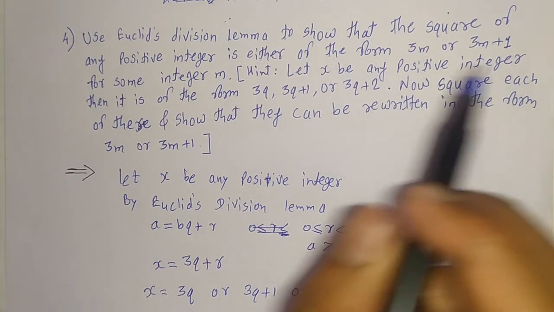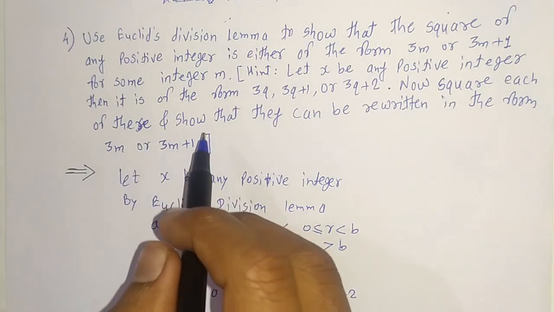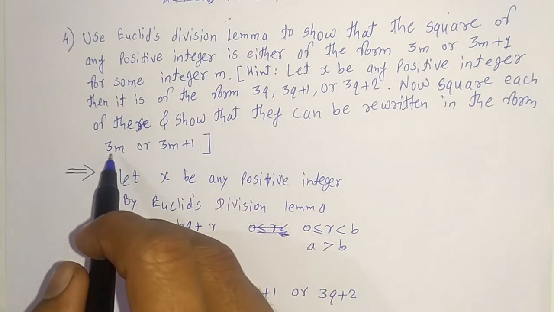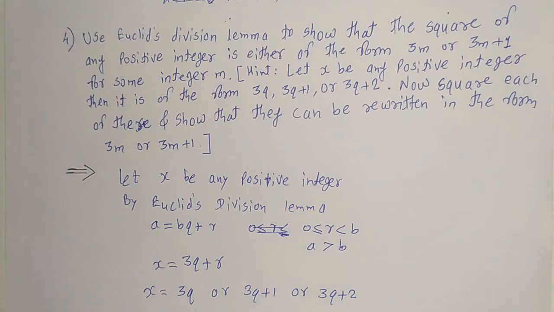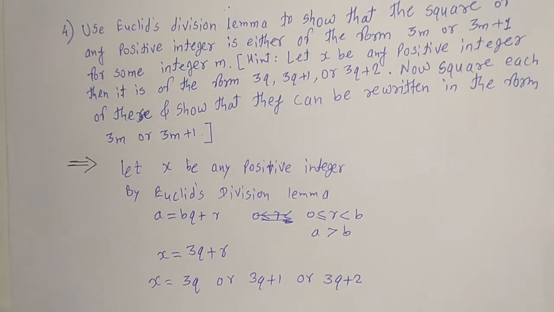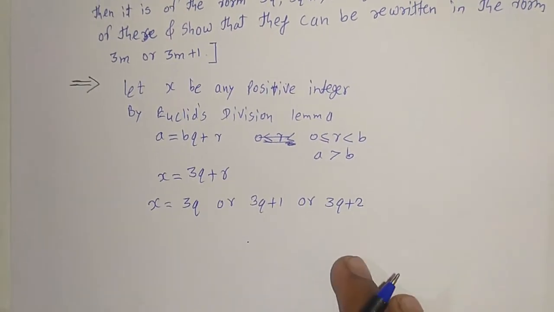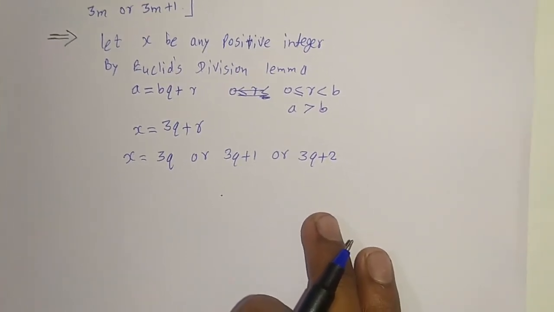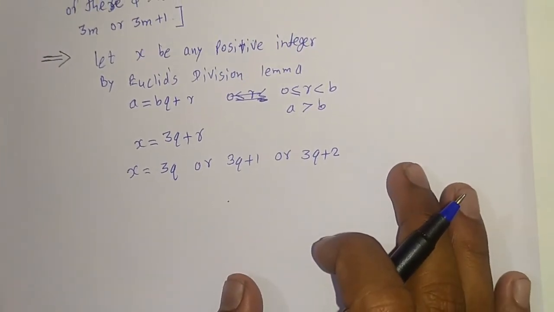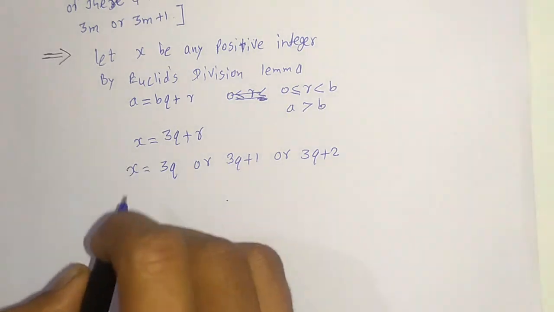Now what is the hint given here? Now square each of these and show that the final answer is 3m or 3m plus 1. So you have to square these equations. Take the square of these equations and you will get the generalized form.